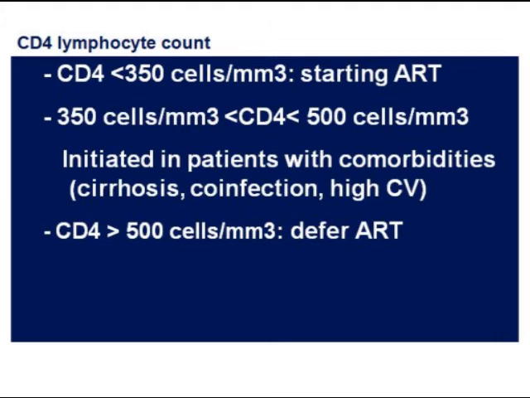The comorbidities are such as cirrhosis, co-infection, or high CV. And if we have more than 500 cells per cubic millimeter, the antiretroviral treatment is deferred.